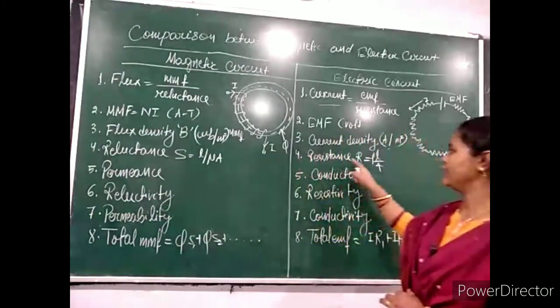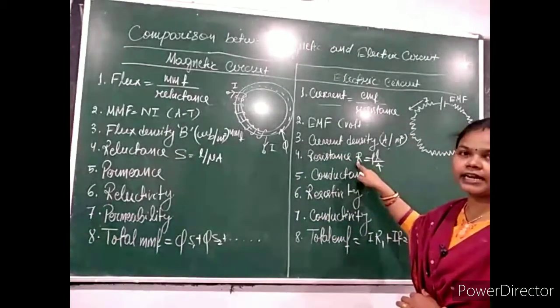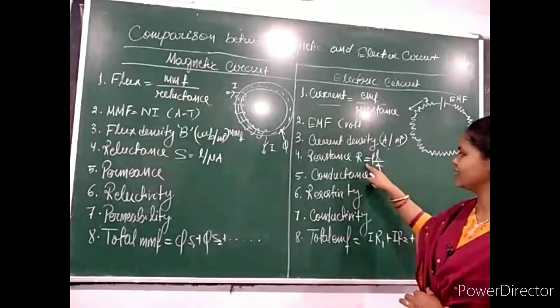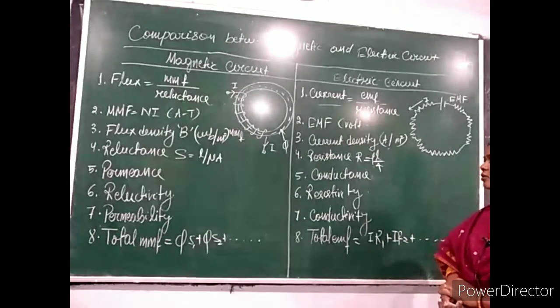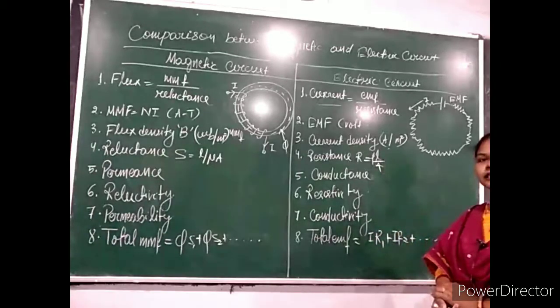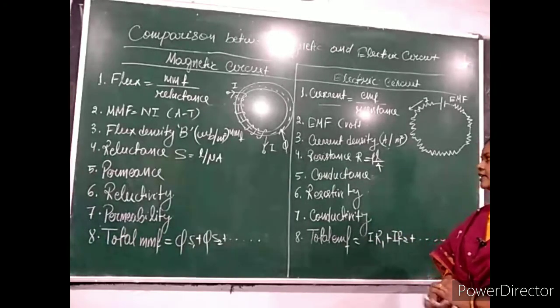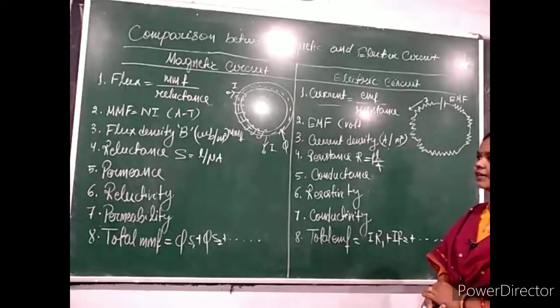And in an electric circuit, resistance R is equal to rho L by A, where rho is the resistivity of the conductor, L is the length of the conductor, and A is its cross-sectional area.